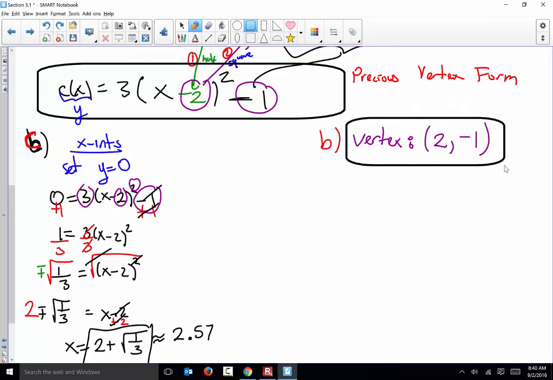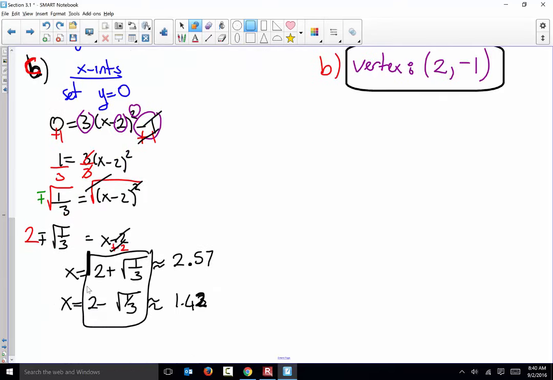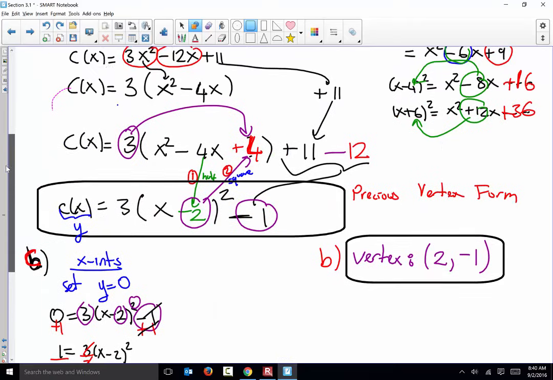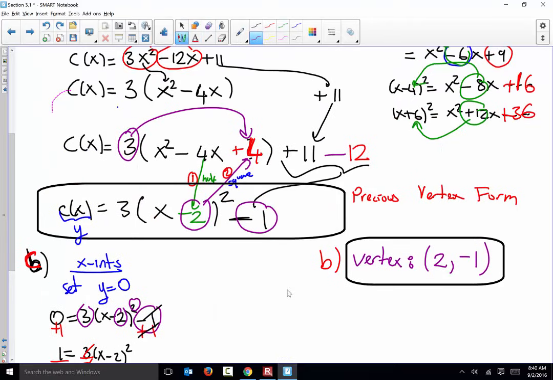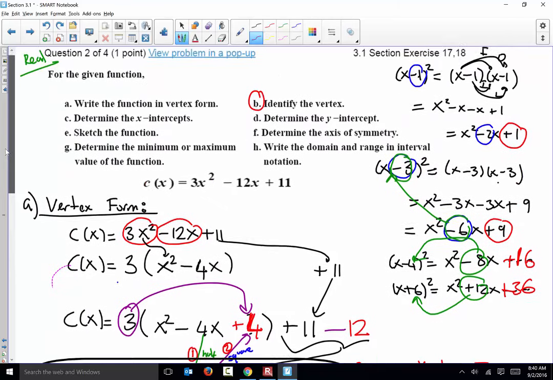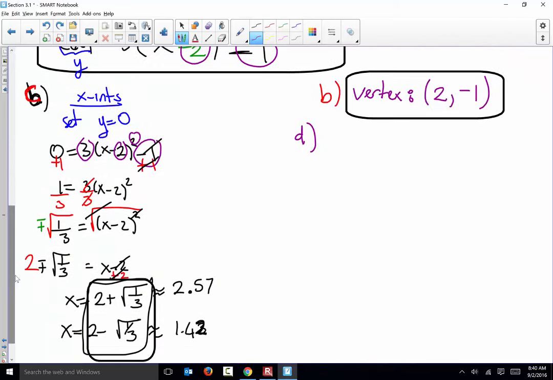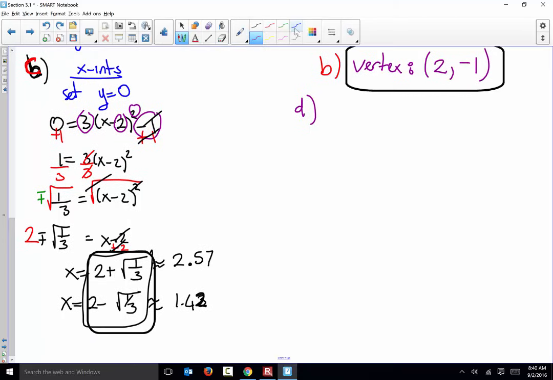Alright, so let's mark this. And this is already here. D. What's in D? Identify the y-intercept. Set x to 0 to get the y-intercept.